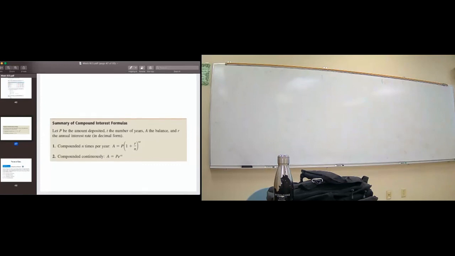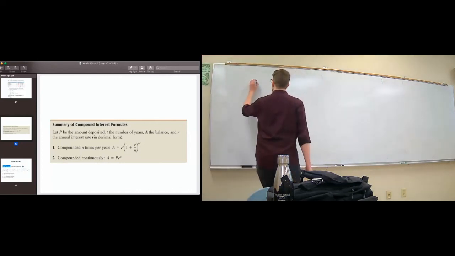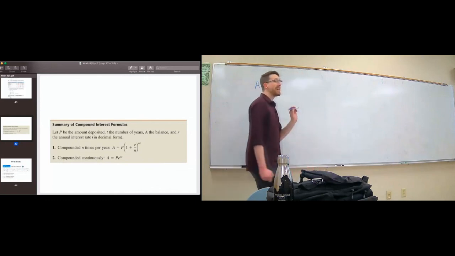Looking back at previous notes, for compounding continuously, we know that the amount in an account is equal to our principal amount times e raised to our annual rate times the time in years.